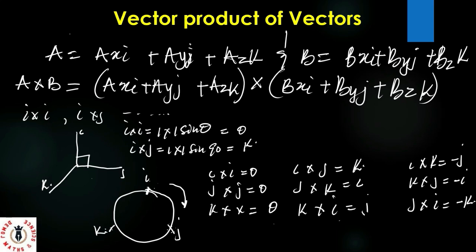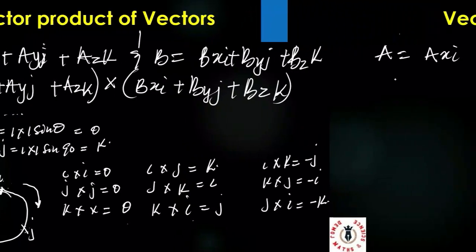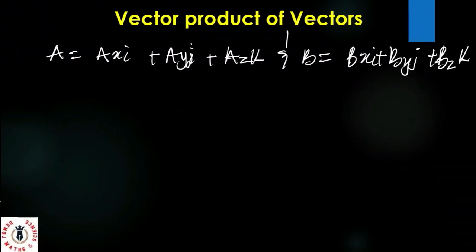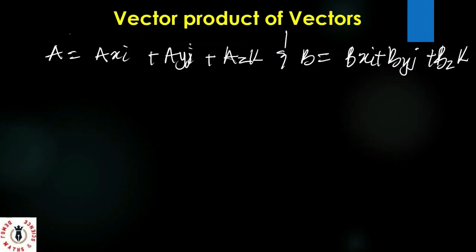We'll see a second method, which is the determinant method. Let's see it. Using the determinant method, if I have two vectors, A and B, all I need to do for cross product multiplication is to find the determinant. Here I have i, j, here I have k.